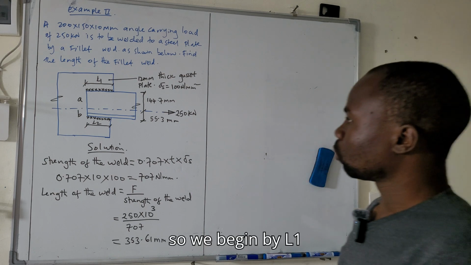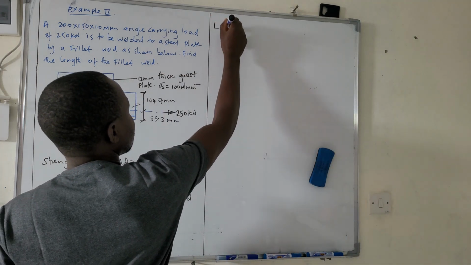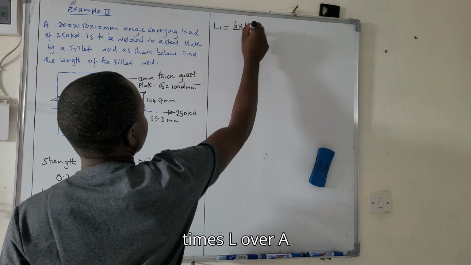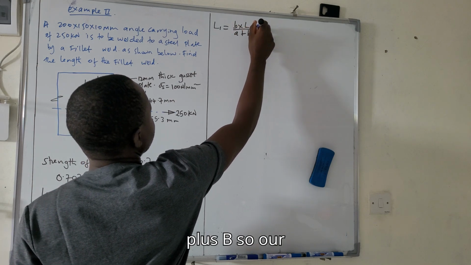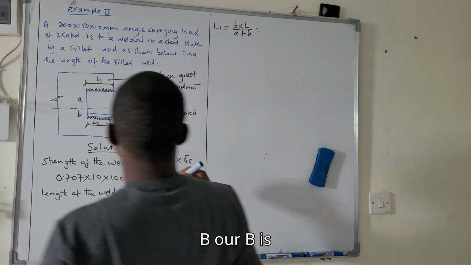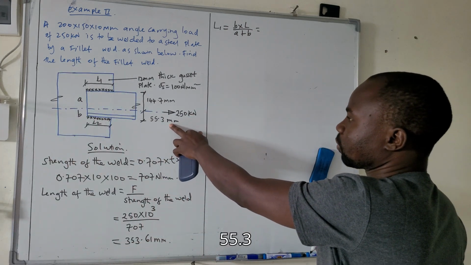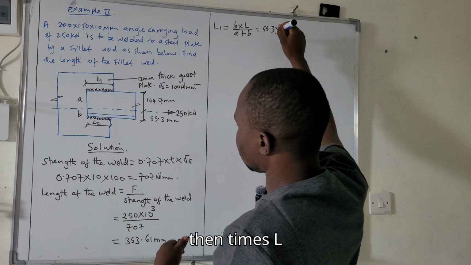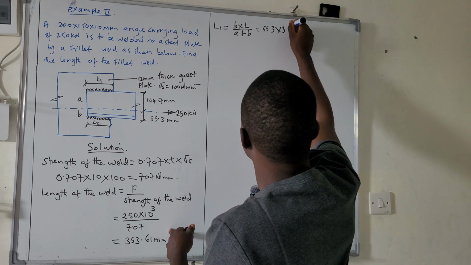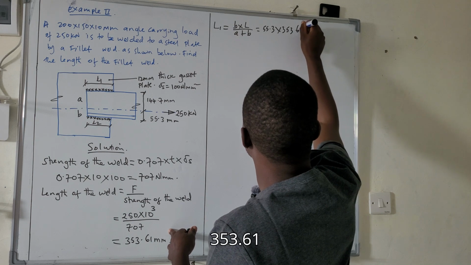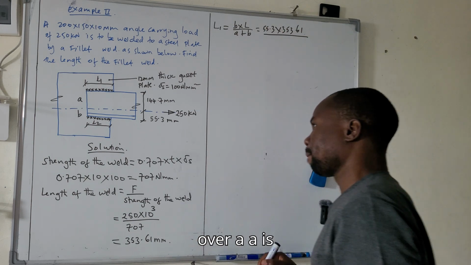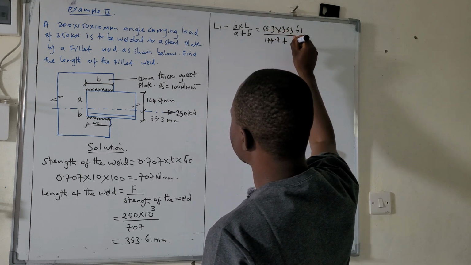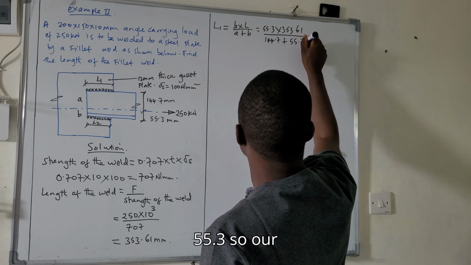So we begin with L1. L1 will be B times L over A plus B. So our B is 55.3, times L, 353.61, over A plus B. A is 144.7 plus B, 55.3.